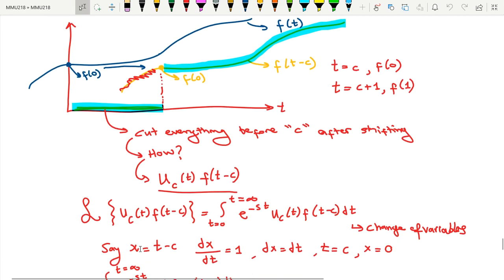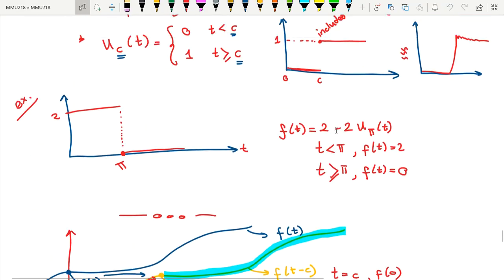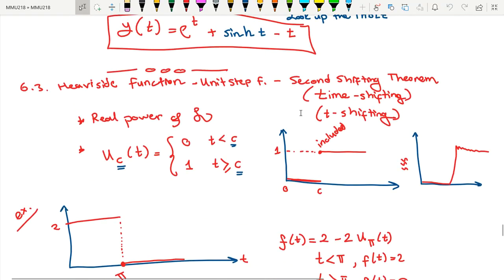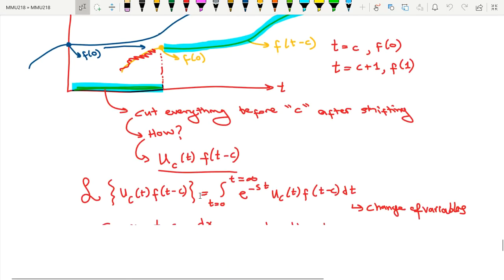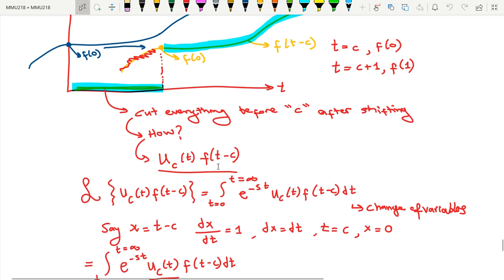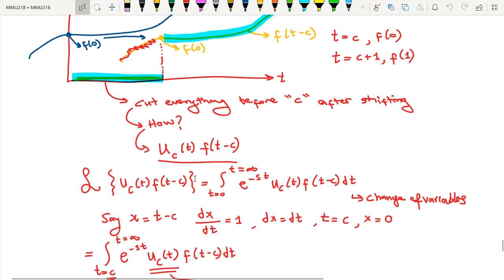That's good. So let's take the Laplace transform of this to see what happens in a time shifting. Why? Because I'm wondering not about the frequency shifting, but the time shifting. To reach that, I'm going to take the Laplace transform of the time shifted function over here.